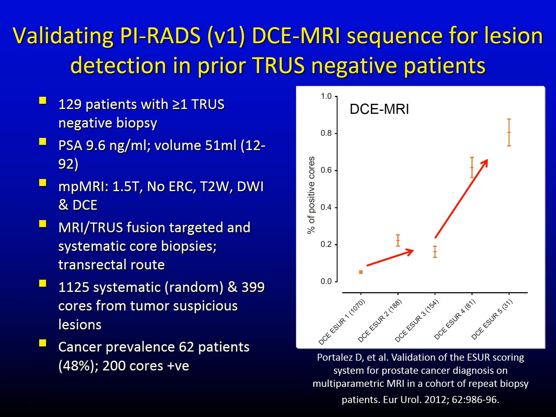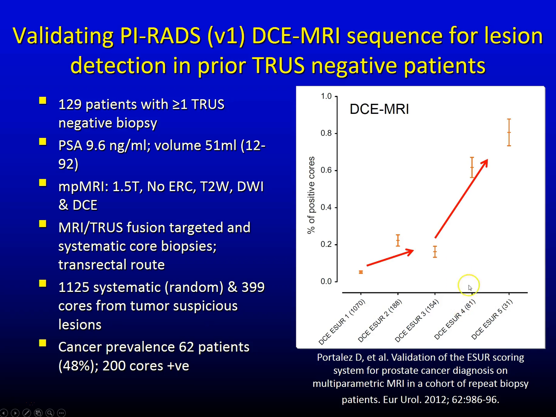And here is some validation of some data that emerged in 2012, and we can see with a PI-RADS score of 1, there is almost a negligible chance of having a positive core for clinically significant disease. Similarly, if you had a score of 3, you only had about a 15% chance of having a clinically significant tumor.